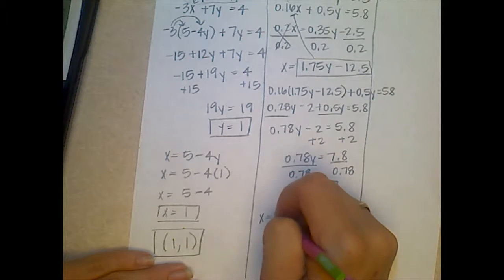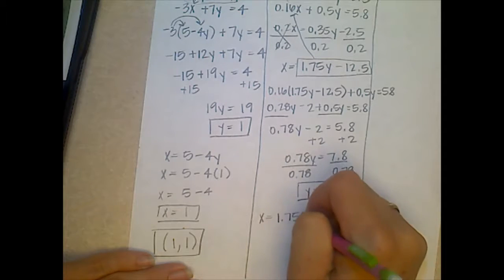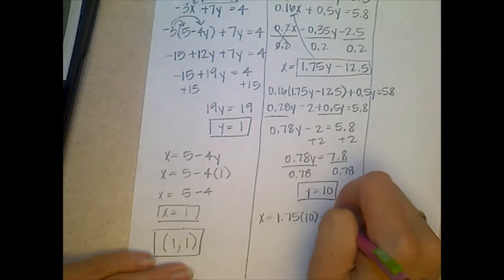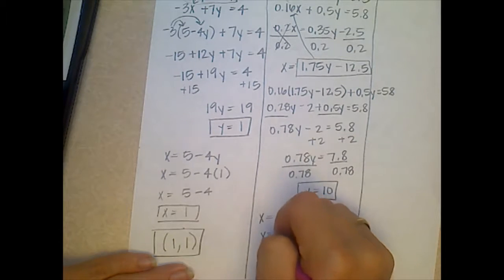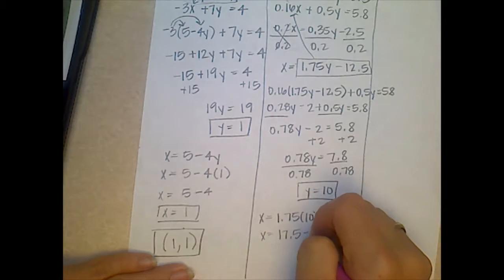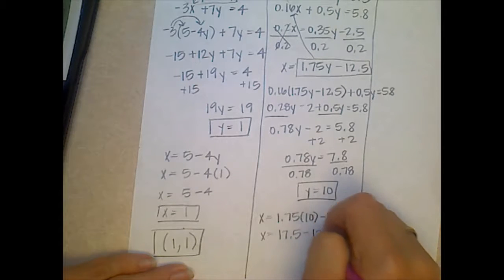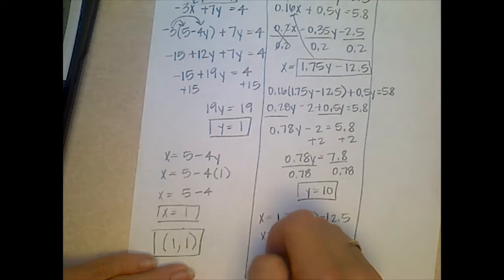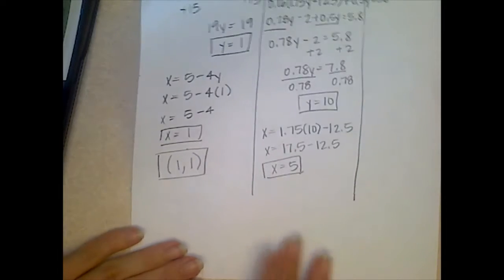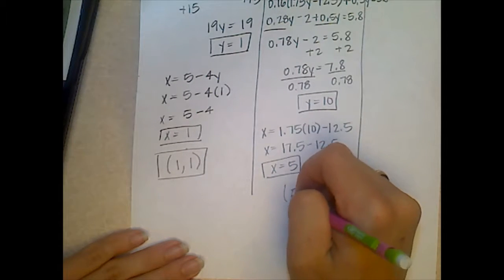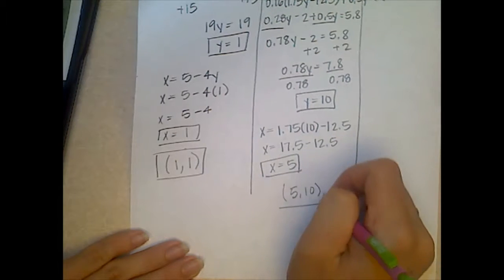So x equals 1.75 times y, which is 10, minus 12.5. Okay, so then use your calculator. X equals 17.5 minus 12.5. So x equals 5. Remember, we're giving our answers in ordered pairs, so x then y, so your answer is 5, 10.